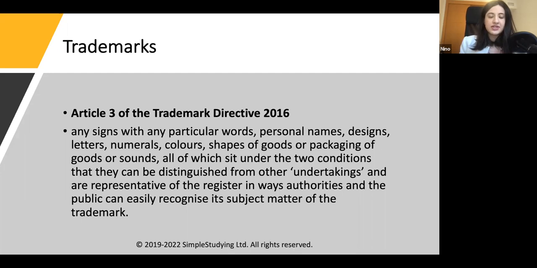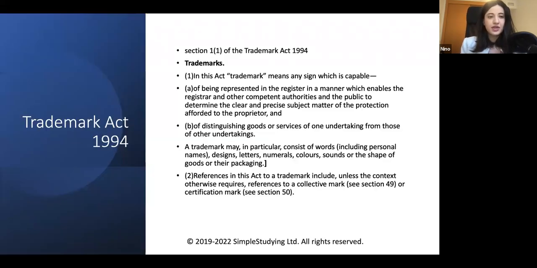We have used Trademark Directive 2016 as a definition, but UK law should be used if you want to cite an authority in a problem question. The relevant legal authority for trademarks in the UK is Trademark Act 1994.